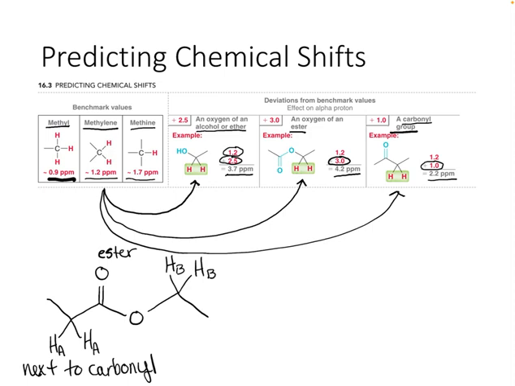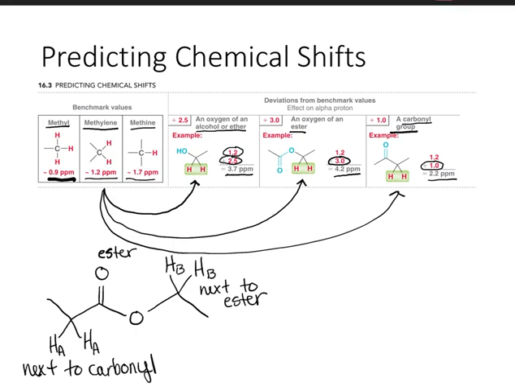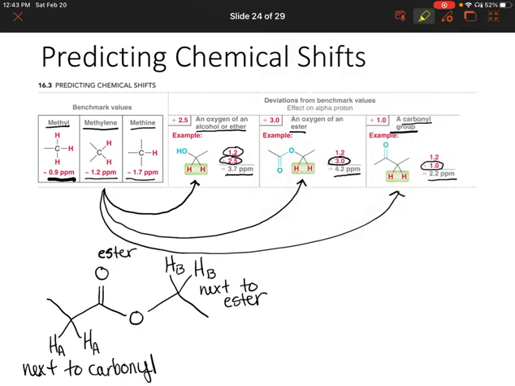So they're in a different chemical environment. So even though both sets of protons are technically next to an ester, you have to think about the difference in those oxygens. So for instance, HB is next to an oxygen on an ester, but HA is next to a carbon on an ester. So they're slightly different. So they are in different chemical environments.